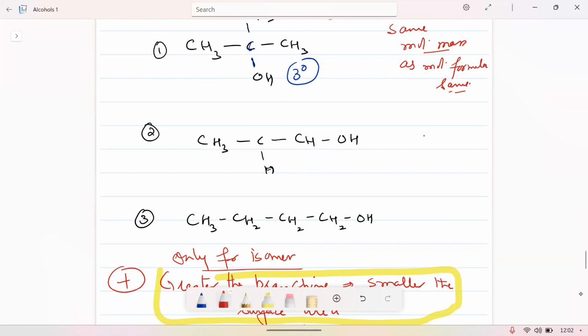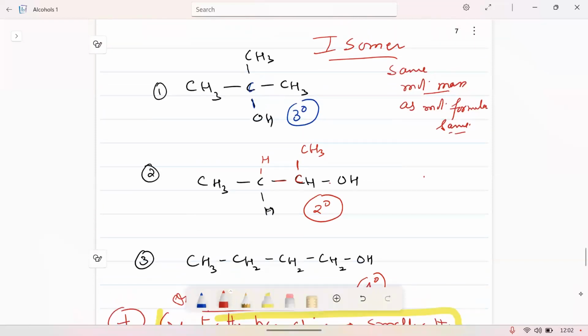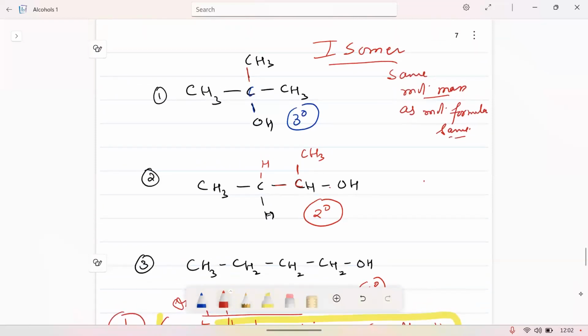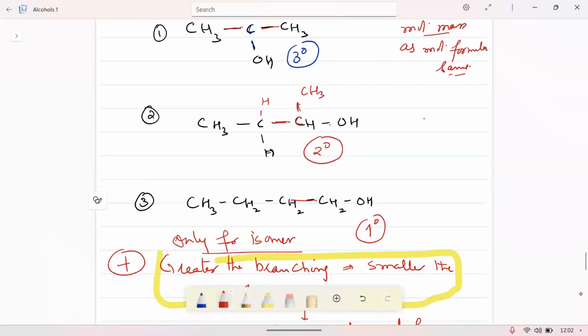So let's say I attach CH3 over here and H over here. This way the OH is attached to a carbon which is attached to 2 other carbons. So this will be secondary, and this is primary. If you observe, in tertiary there is more branching. Over here there are 2 branches, and over here there is only 1, no branching.